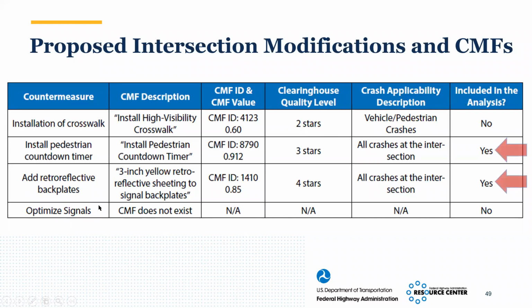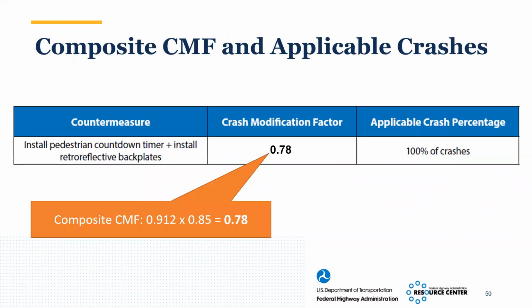But for installation of pedestrian countdown timer and also backplates, they found some relatively good 3-star and 4-star CMFs, and they decided to use these for this facility improvement. For optimizing signal timing, they couldn't find a CMF, so it will not be included in the analysis.